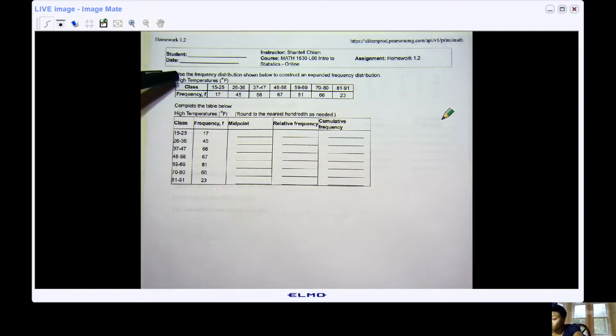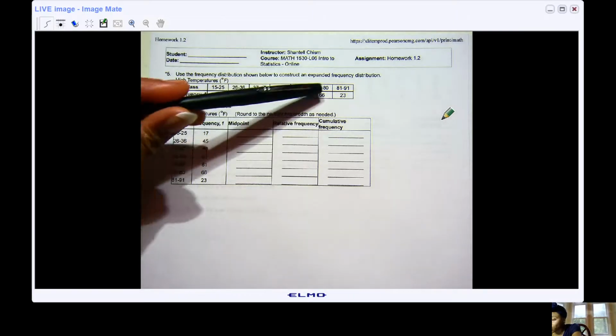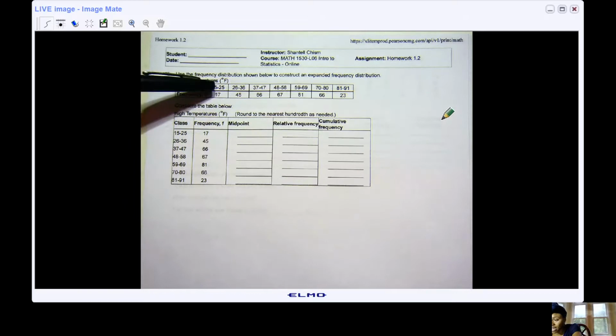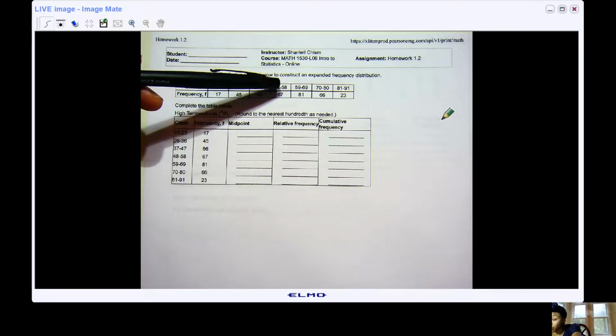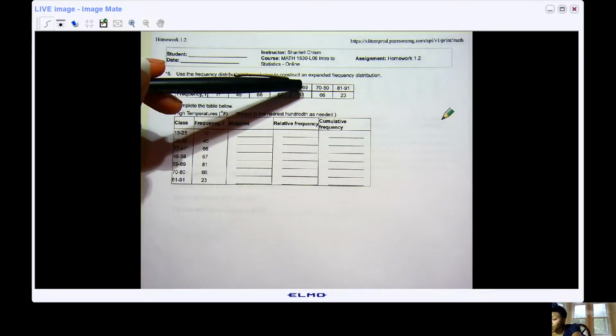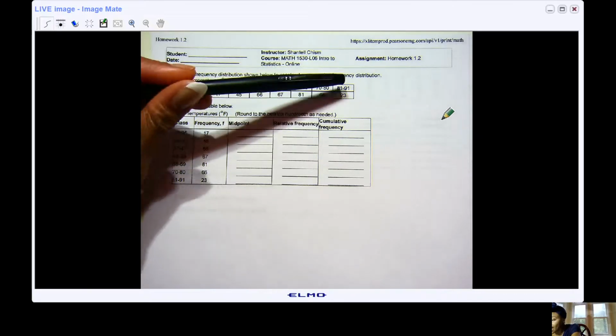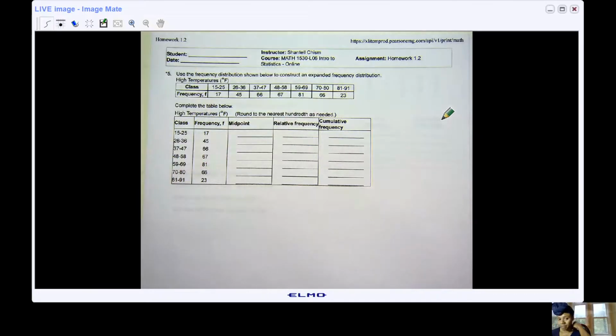We're talking about high temperatures, so the classes are separated according to a range of temperatures. The first class is 15 to 25. Then you've got 26 to 36, 37 to 47, 48 to 58, 59 to 69, 70 to 80, 81 to 91. And then you've got the frequency for each of those classes.